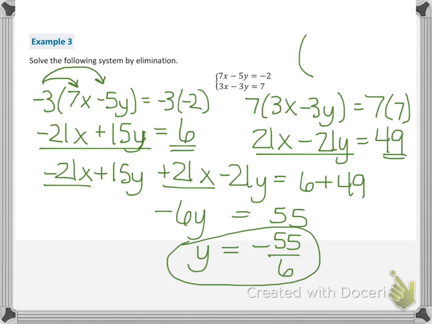Okay, I would never be able to read that solution off a graph. And so I have negative 55 over 6 for the y coordinate of my solution. And then I would need to go back and find the x coordinate. Okay, so when you were looking at this one, maybe you thought, well, I could do it a different way, and you're absolutely correct.